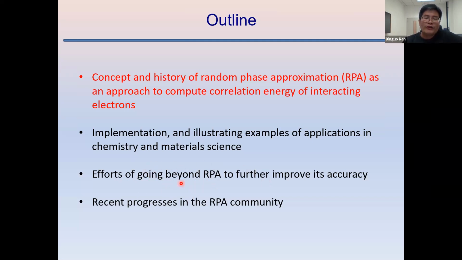I will briefly touch on this part, but not much, mostly covering the work we have done in the past in this field. Finally, I will talk about some recent progress in the RPA community, including both our own work and work by other colleagues in the field.